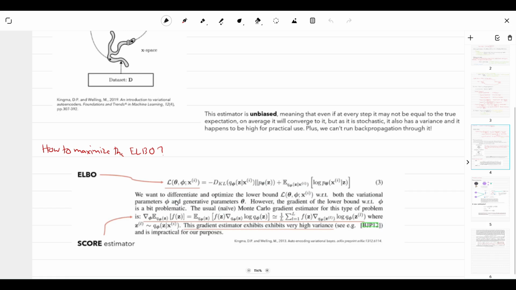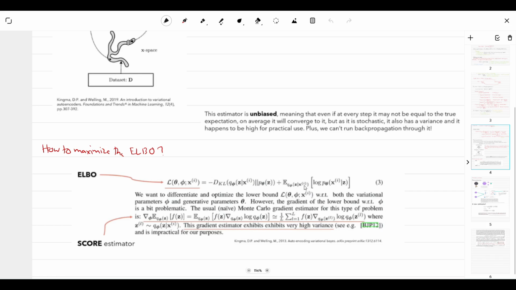We cannot directly backpropagate through the sampling step. Look at the ELBO equation again here. The expectation is taken over z sampled from the encoder's output, which is q phi z of x. We need to differentiate this entire expression with respect to the encoder's parameter phi. And the standard way to estimate this gradient is called the score estimator.